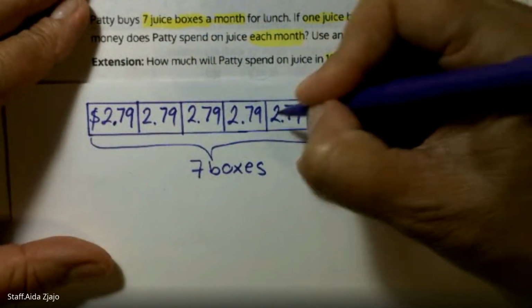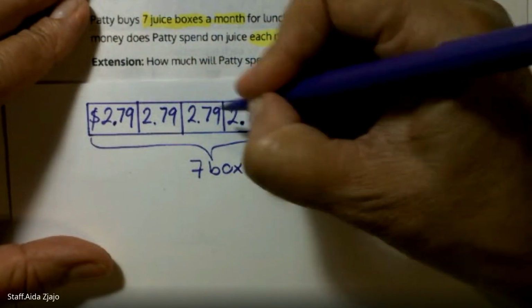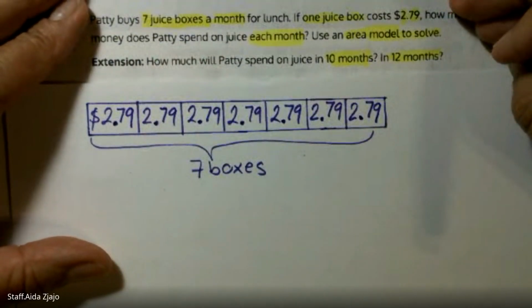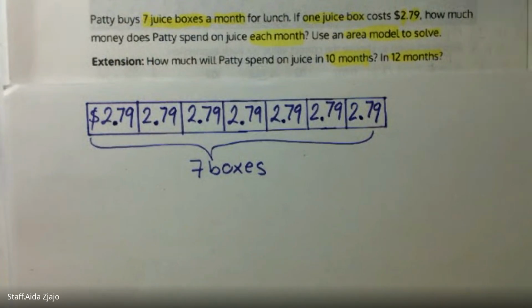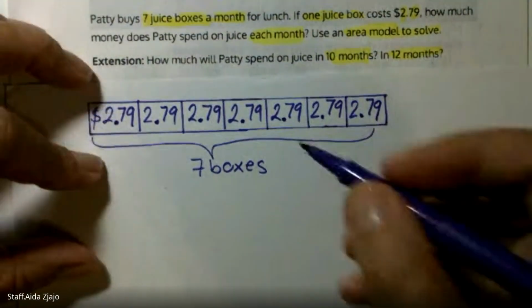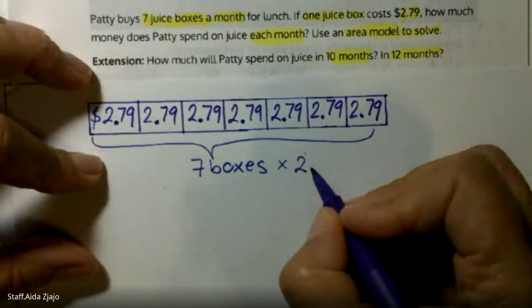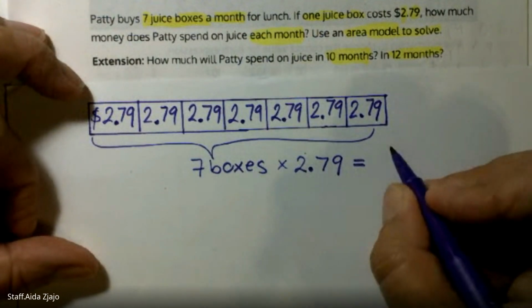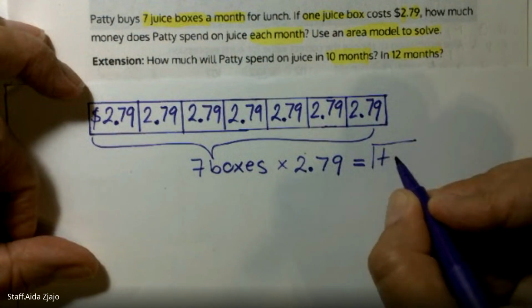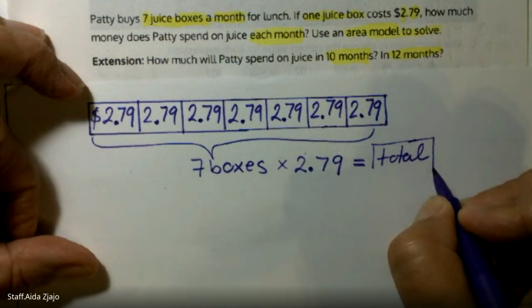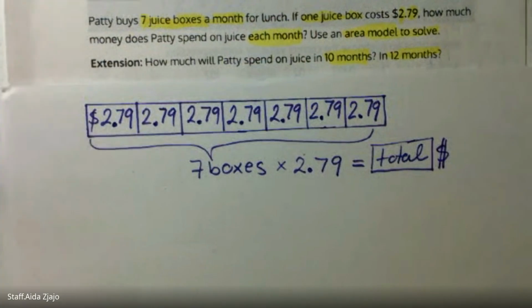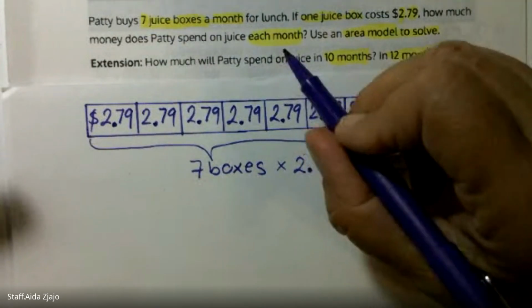As long as you get to the correct answer, it doesn't matter which strategy you are using, as long as you understand what the process is. So 7 boxes times $2.79 is another way you can find the total money that Patty spent each month.